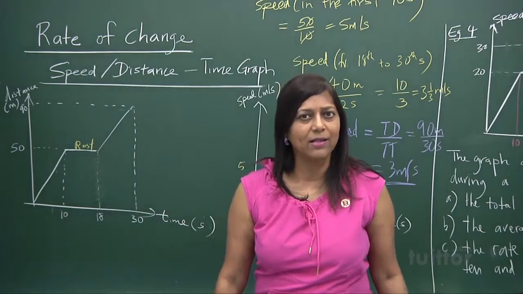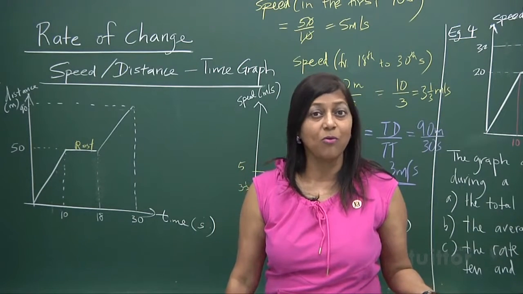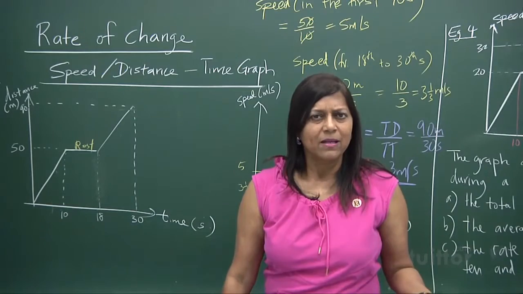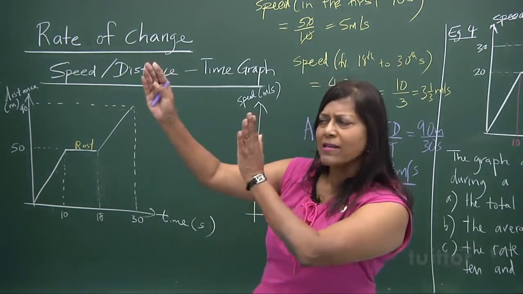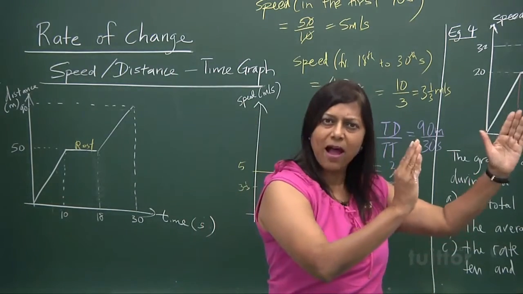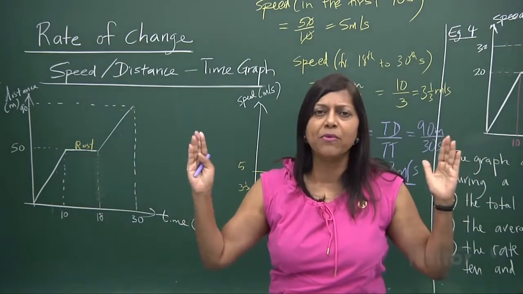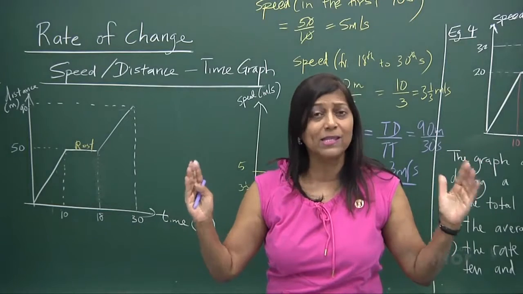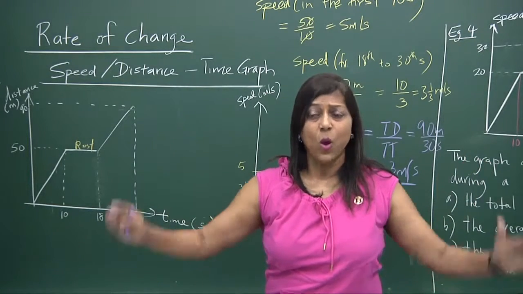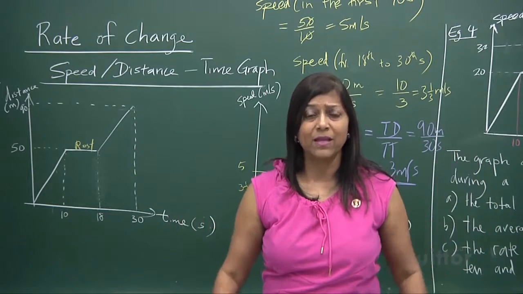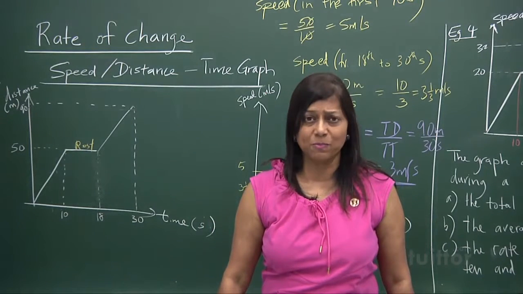When it got there, it saw the tortoise had already reached there. Although you move fast, rest, run fast, the average speed is over that period of time. What is the total distance traveled? What's the total time? That will give you average speed.